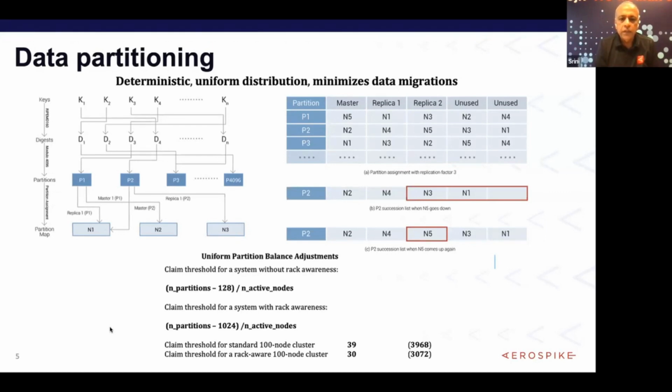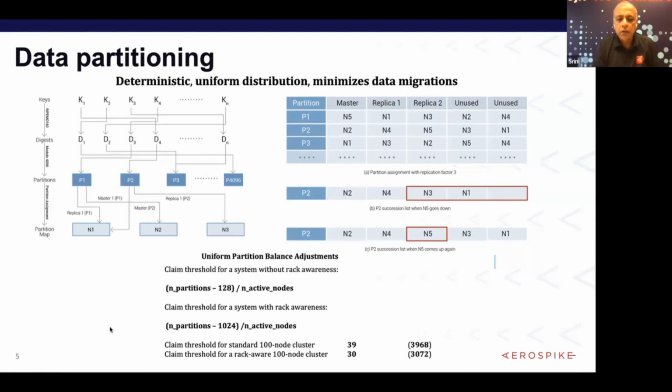And out of this digest, which is created by the RIPEMD 160, which is a 160-bit or 20-byte digest, 12 of those bits, and these are randomized bits, as I explained, are used to determine the partition ID for that key. 12 bits give a 4096 or 4K set of partitions, and each of these partitions can then be mapped to nodes in the cluster.